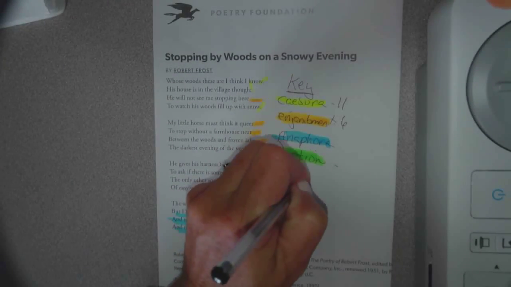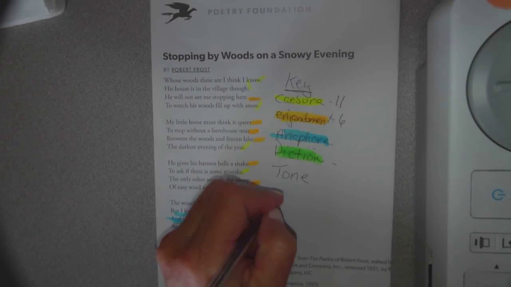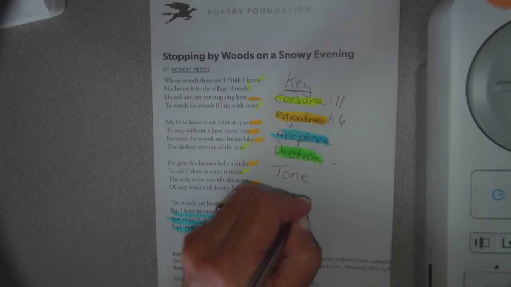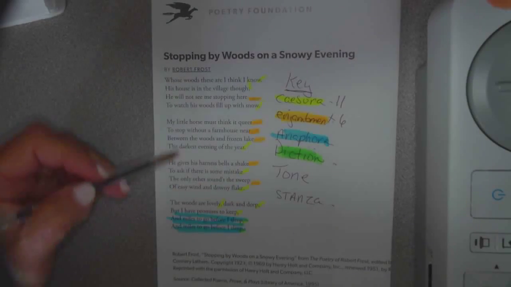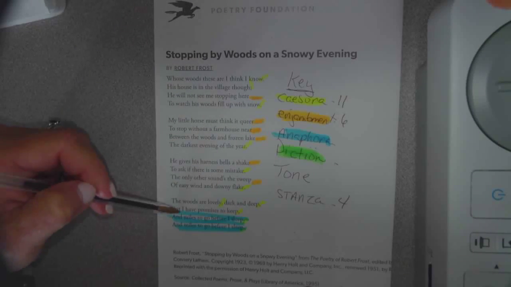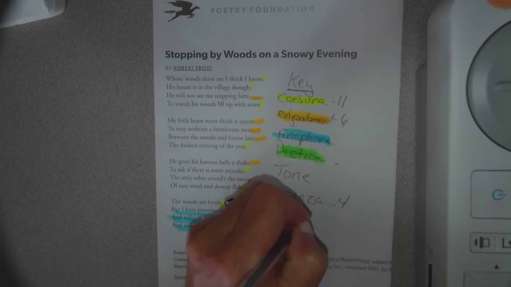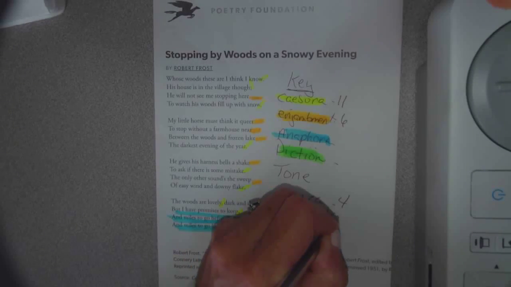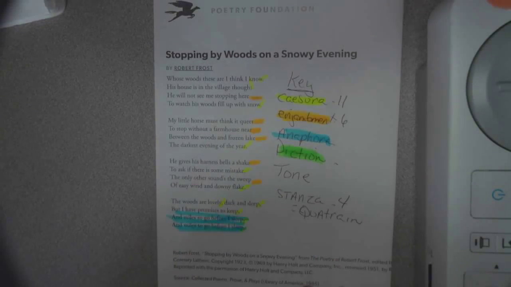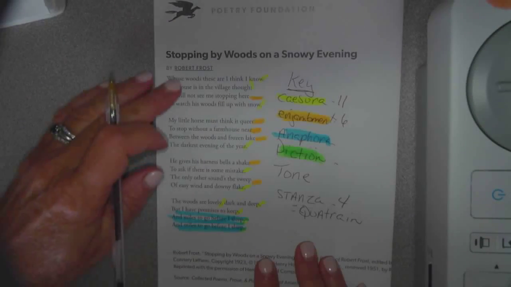Okay? So now I'm going to write down tone underneath there. And then I'm going to write down stanza. There are 4 stanzas, and there are 4 lines per stanza, which makes it a quatrain. There is a meaning to that. Okay?